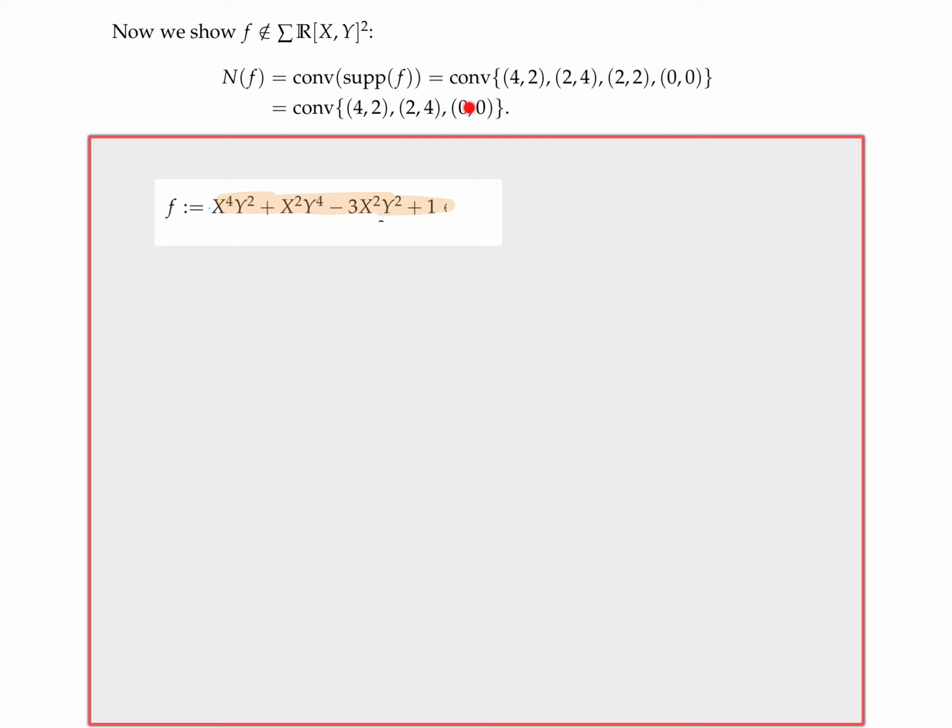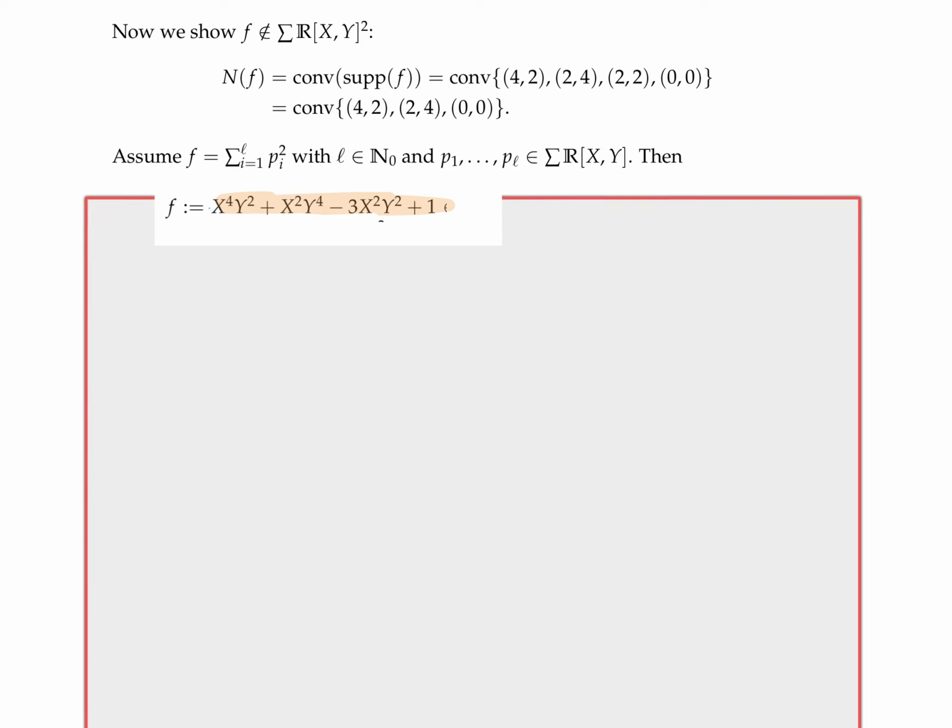So it's the convex hull of these 3 points, and here now it's easy to see that none of these is redundant anymore. So these are the vertices. These are the 3 vertices of the Newton polytope.